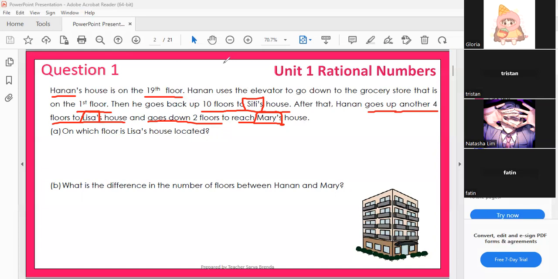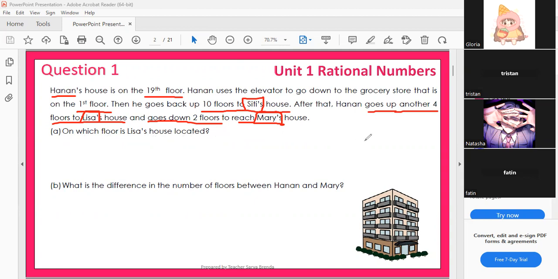Put the answer in the chat. What is your answer for A? I will read slowly, but you can read a little faster than me and start working on the calculation, so by the time we discuss, your answers are ready.